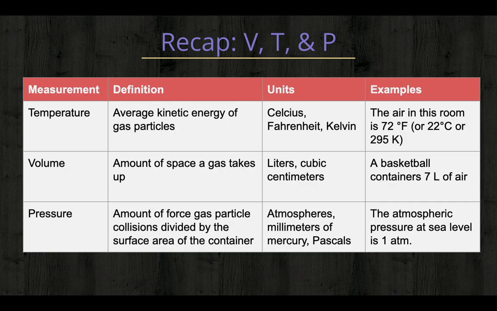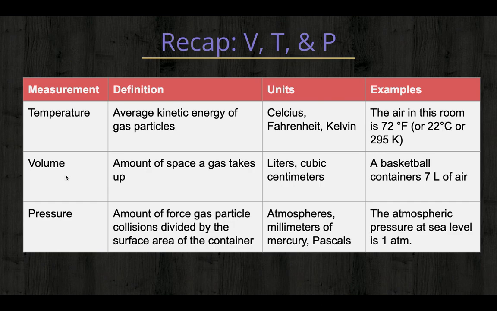So now we've talked a little bit about these 3 quantities we always measure with gases. Temperature, which is the kinetic energy of particles, and again, kinetic energy is dependent on mass and velocity, how fast they're going. That's what temperature measures, and we can measure it using any of these 3 units. Volume is how much space something takes up.